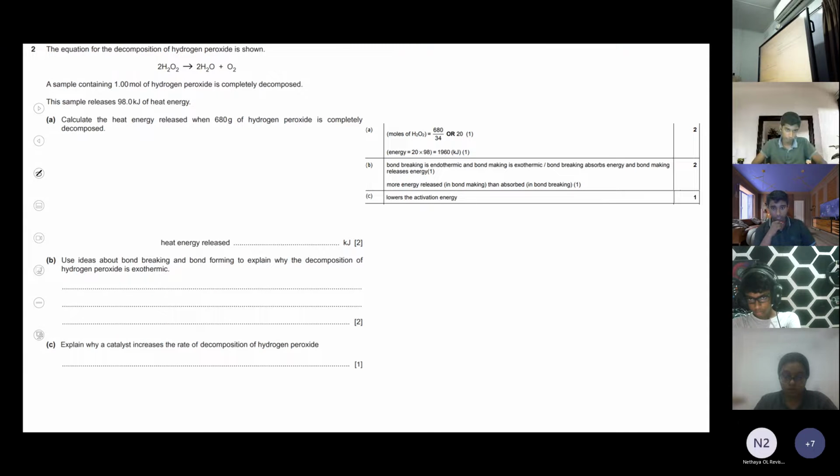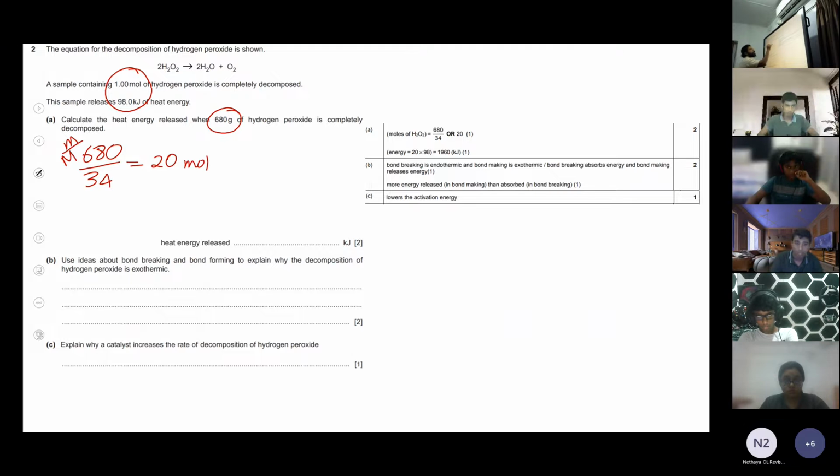Calculate the heat energy released when 680 grams are used. Now, if they give you the enthalpy change here, 1 mole 98 kilojoules, right? So that's the enthalpy change. First of all, you find the moles. 680 divided by 34 comes from m over capital M. So you find the moles. That is 20 moles.